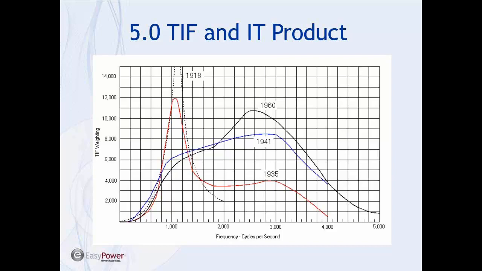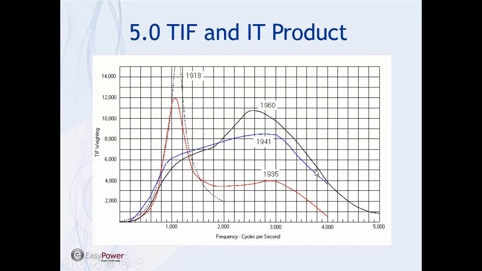But here you can see that over the years, with the improvement in audio quality in telephone systems, they changed the weighting factors. So 1918, very narrow frequency band for communicating. Things got a little better in 1930. By 1935, 1941 getting better, 1960 giving us this nice hump here between 2,000 and 4,000 hertz, which means this is the greatest area of sensitivity.